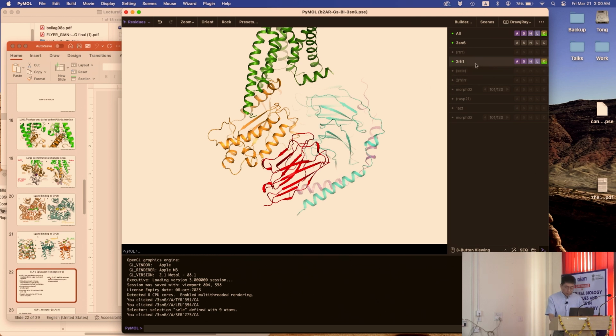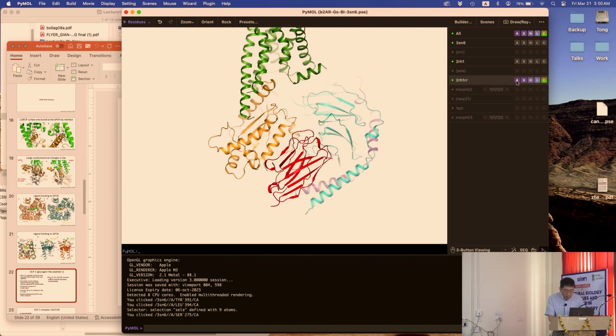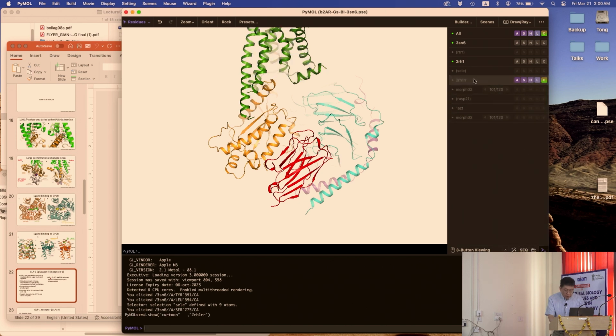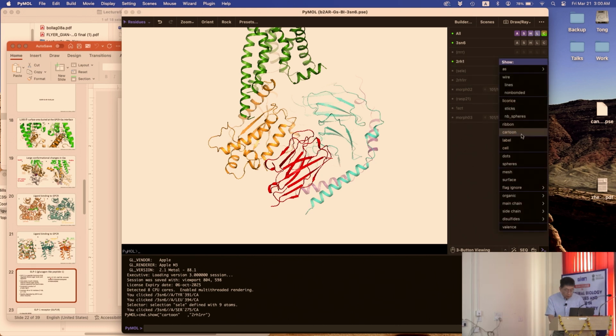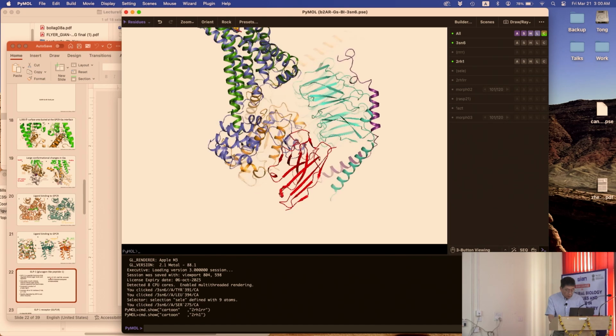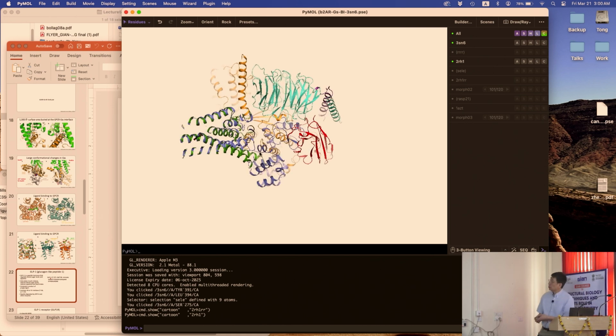And this is the alpha H domain here, and then the structure is on the other side.